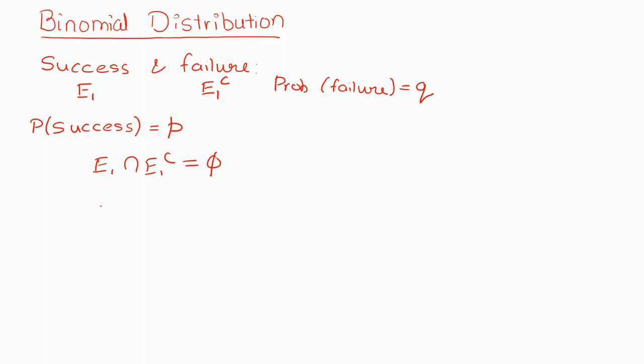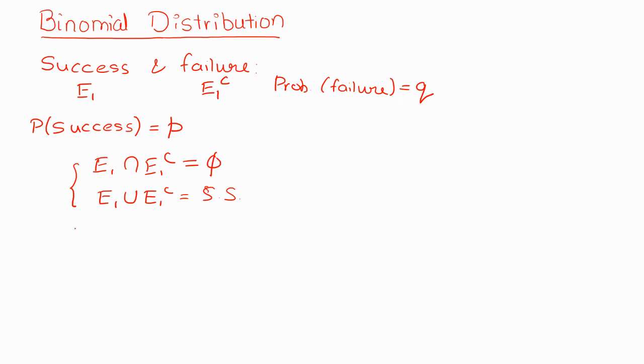Also there are only two possibilities, a success and a failure. Therefore E union E complement is equal to the entire sample space. There are only two events, so it is so. Therefore in this case these are complementary events, and I can treat them as success and failure.